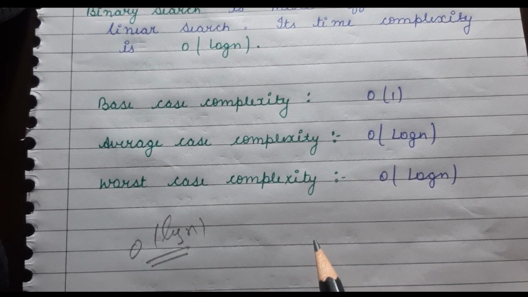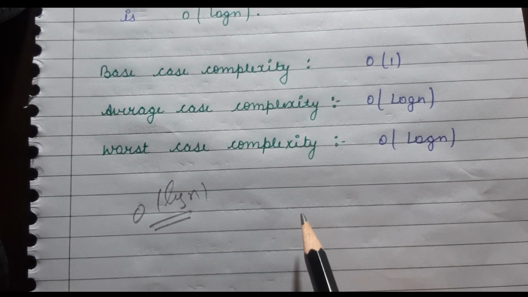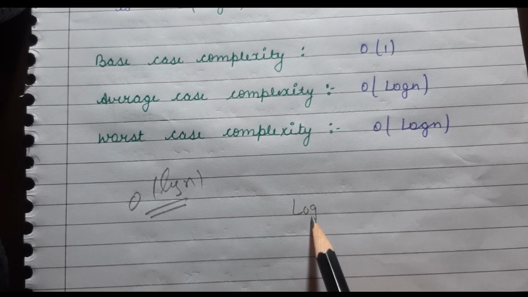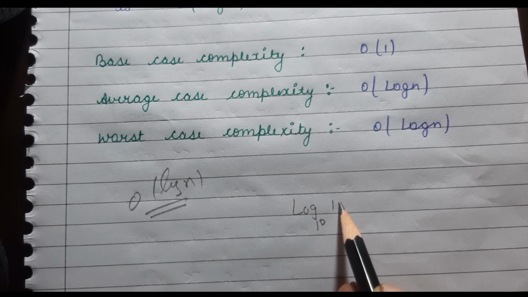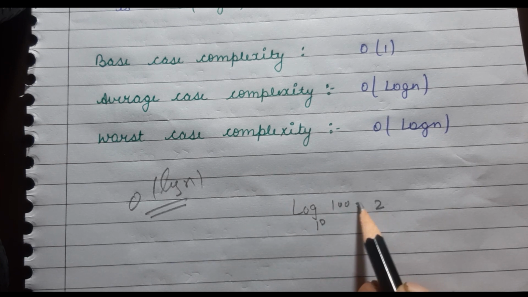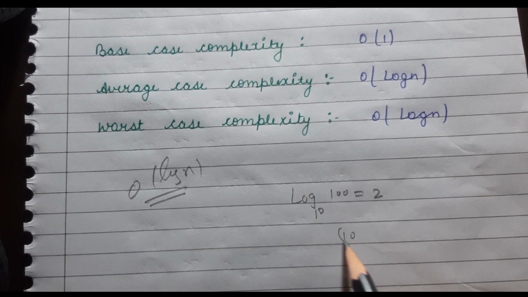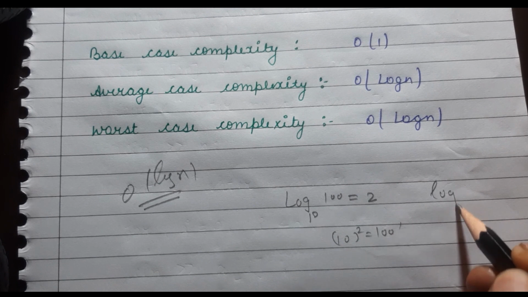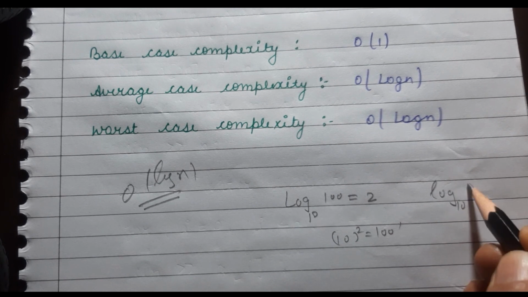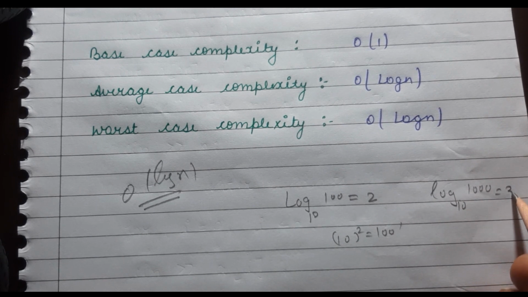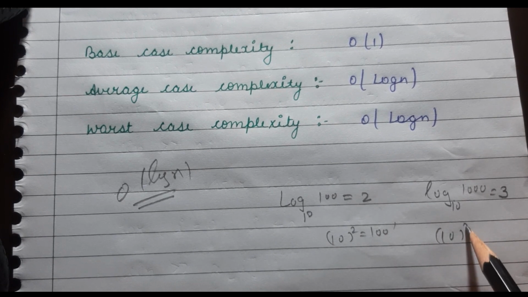First we discuss how to calculate the log. Log base 10 of 100 is equal to 2, because 10 raised to power 2 is equal to 100. And log base 10 of 1000 is equal to 3, because 10 raised to power 3 is 1000.